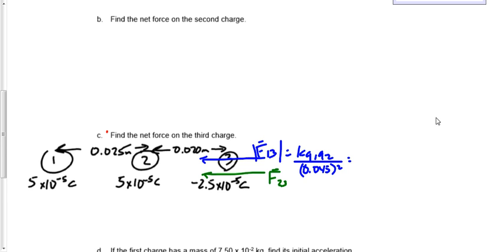That gives us a value F13 of 5.549 times 10 to the 3 newtons. And F23, that's a more straightforward one because the distance is simply one of those distances, 0.020 meters, gives us 2.8094 times 10 to the 4 newtons.